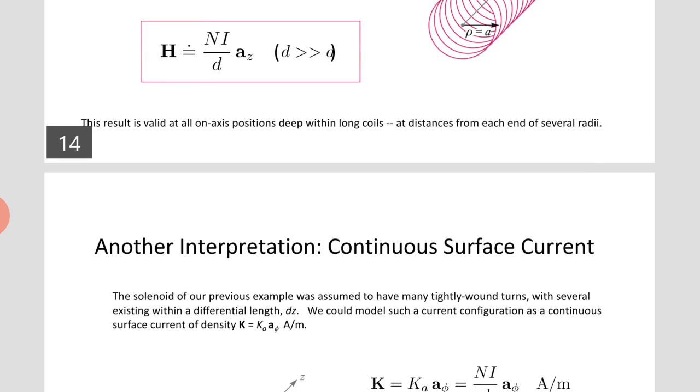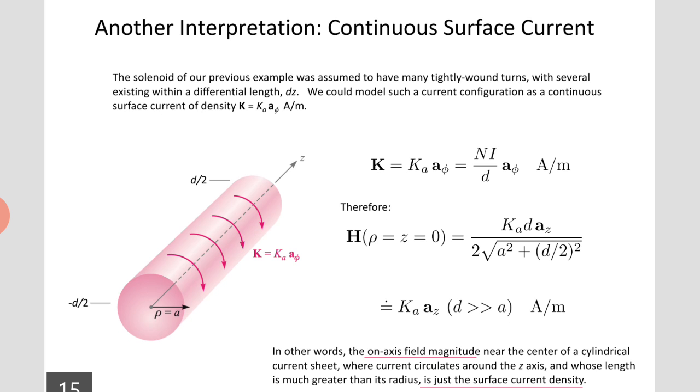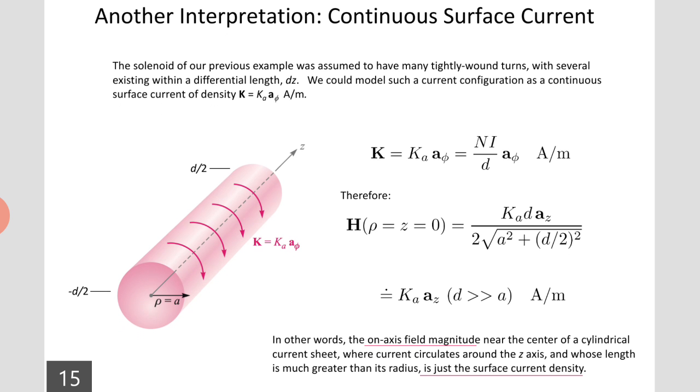Next, another interpretation we can make is to consider a continuous surface current in the solenoid. The solenoid of our previous example was assumed to have many tightly wound turns within a differential length dz. So we could model such a current configuration as a continuous surface current density K equal to K aφ amperes per meter.